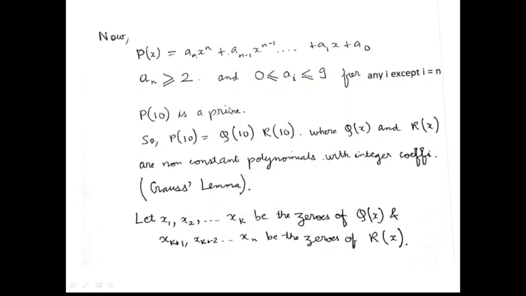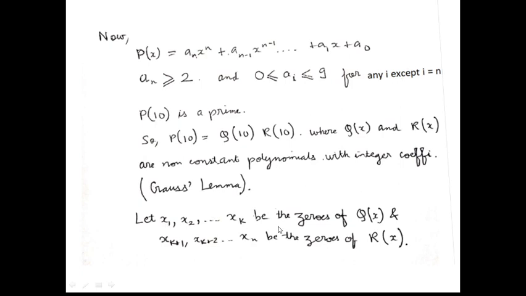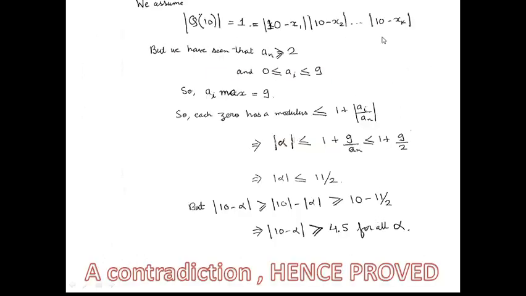So one of q of 10 and r of 10 in modulus has to be 1 and the other has to be p. So I assume q of 10 to be 1, and q of x is (x minus x1)(x minus x2) up to (x minus xk), as we assumed here, and we replace x by 10.